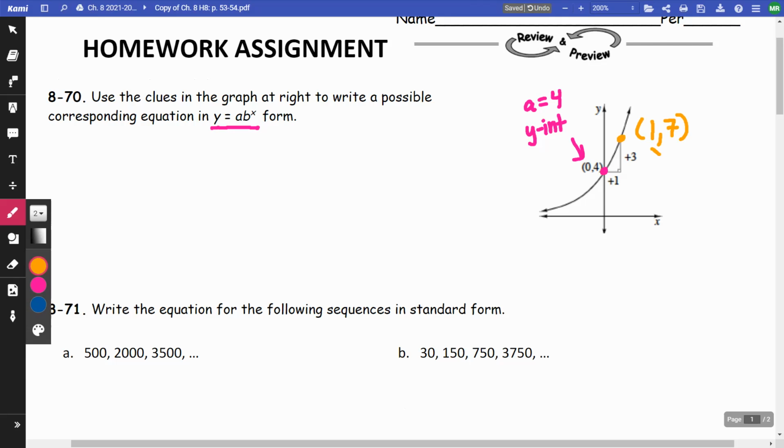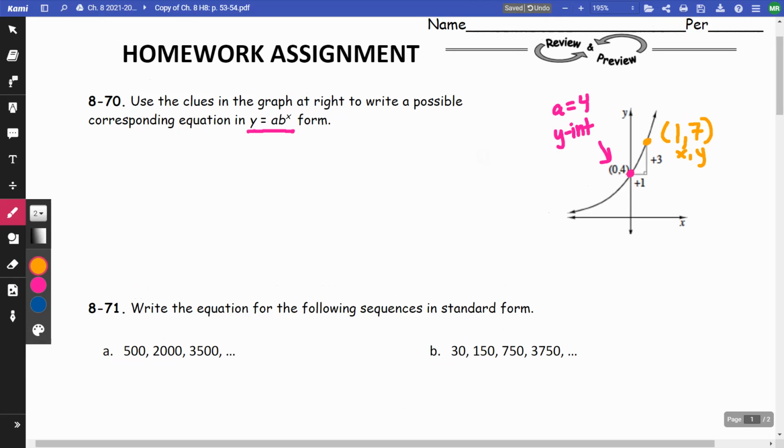I'm going to be putting that in for my x and my y to figure out my b. So I'm going to have y is equal to a. Again, my a is a 4 times b to the power x. And then I'm going to put in that point 1 comma 7 for my x and y. So I'm going to have 7 is equal to 4 times b to the power 1.